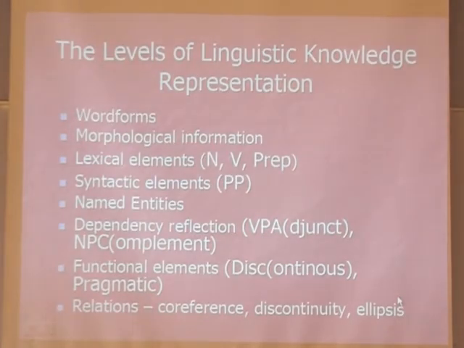So, the levels of linguistic knowledge representation. As usual, at the lowest level we have the word forms, as they are. Then, as attributes to this XML tree, we have encoded the morphological information, all analyses and the correct analysis in the context, the lexical elements, like abstraction over the morphology, syntactic elements, named entities, as I already showed, dependency reflection, because it is connected with the constituent labels.